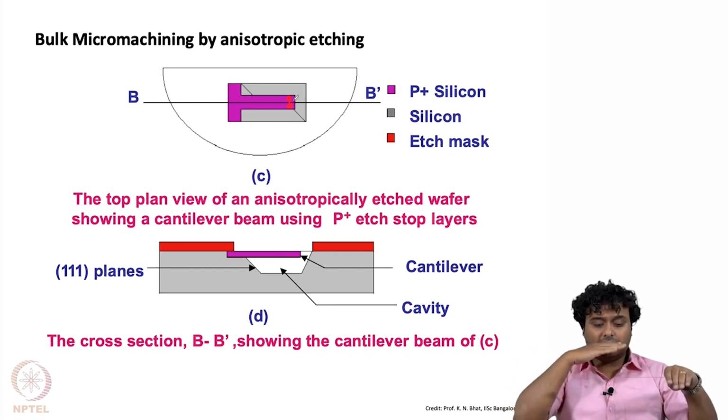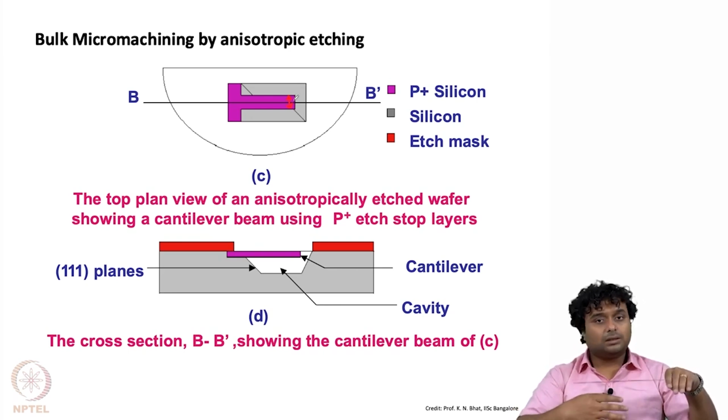Now from this side the liquid can sink in and etch the bottom side of the cantilever, which is normal silicon, because the boron doping will only be in the top few nanometers, like a few hundred nanometers or so. So it will not go into the bulk, so that bulk silicon can get easily etched.